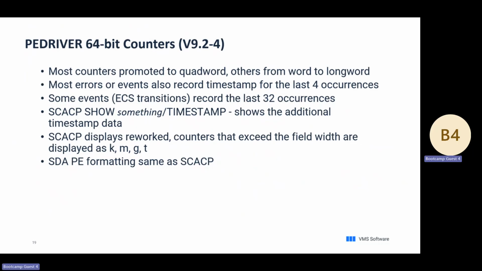But Keith had mentioned that, in fact, you might want to see all of the data. So if you didn't care what the formatting was, there'll be another qualifier, /byte, that will not abbreviate the counters. That way, if you're parsing the output, you can get the entire counter value. And also, the PE formatting is the same as SCACP.